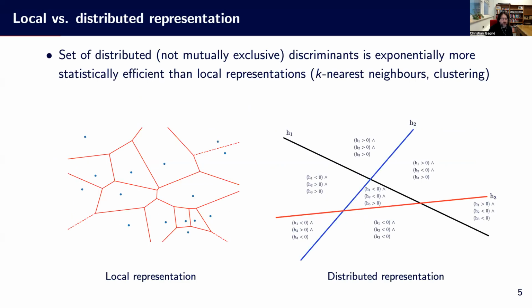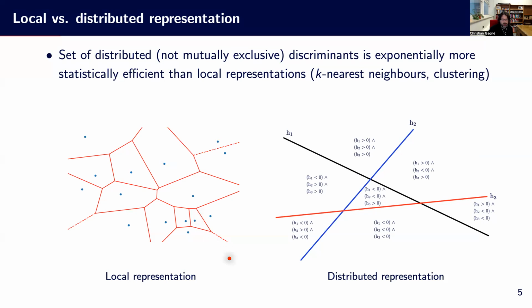For instance, what we saw before, k-nearest neighbor classification, is an example of a local representation. What we see here on the left side is a representation of the nearest neighbor rule, where we have a Voronoi tessellation, where each cell corresponds to the region where data will be associated to the prototype, which is the blue dot here.